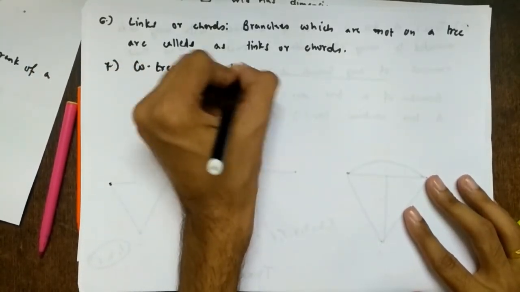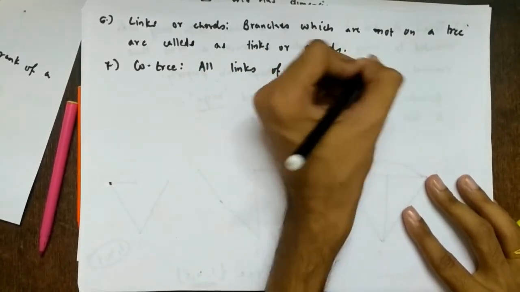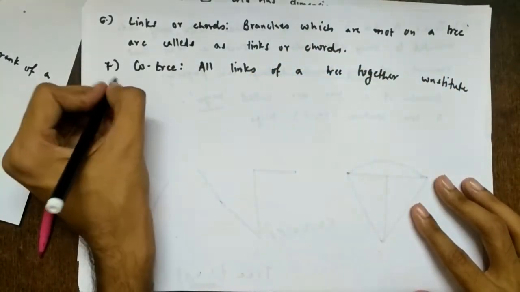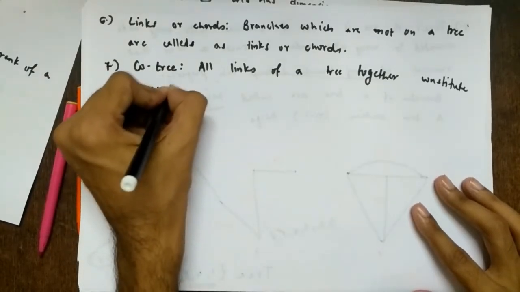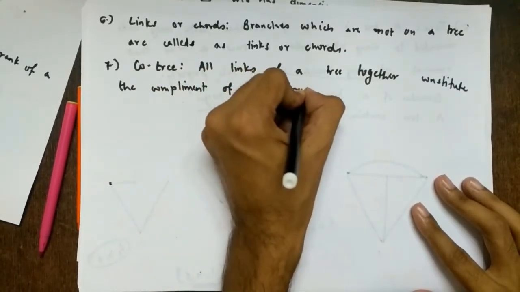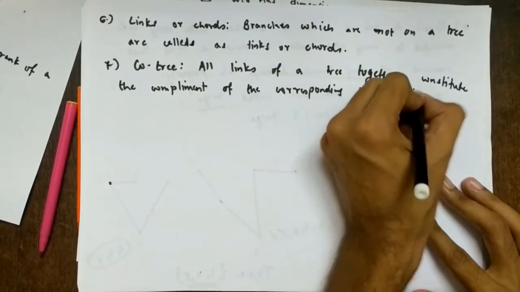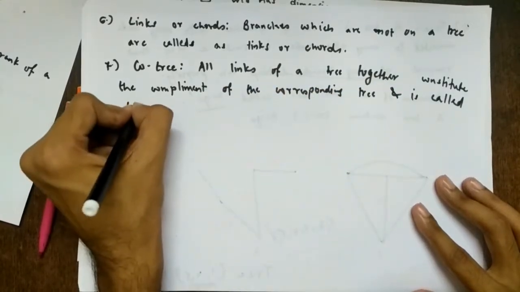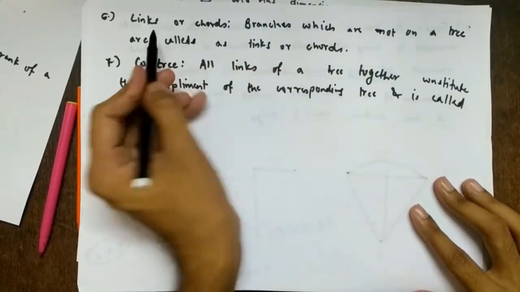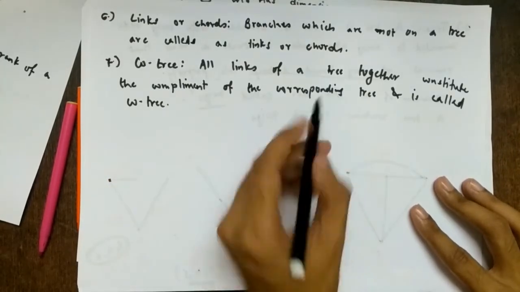All links of a tree together constitute the complement of the corresponding tree and is called cotree. So all links, so what are links? Branches which are not on a tree. So all links of a tree together constitute the complement of the corresponding tree.